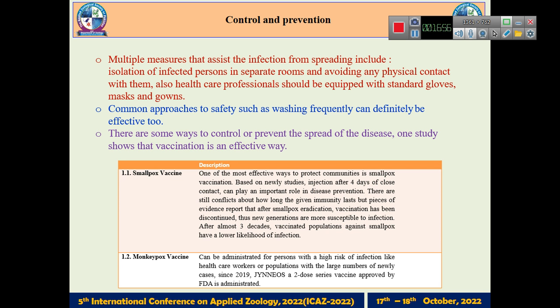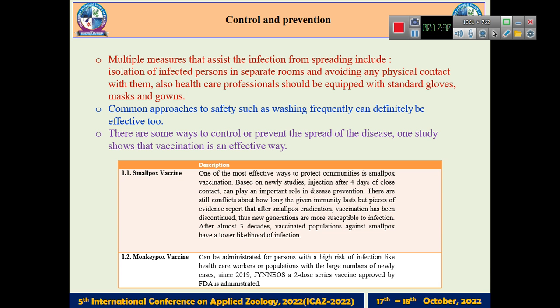There are still conflicts about how long the given immunity lasts, but pieces of evidence report that after smallpox eradication, vaccination has been discontinued. Thus, new generations are more susceptible to infection. After almost 3 decades, vaccinated populations against smallpox have a lower likelihood of infection.